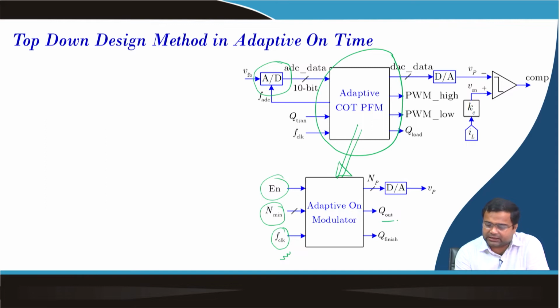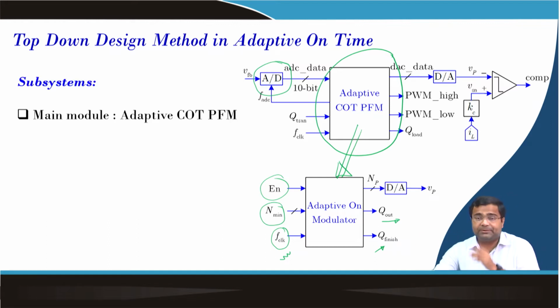Then it will generate Q out, and we will show how Q out can be mapped to the high pulse. In DCM it can be straight away sent, no dead time circuit is needed, and then Q finish is the time when the on time adaptation, that means on time, is elapsed followed by the minimum off time elapsed, then it can accept another trigger pulse for on time if required.